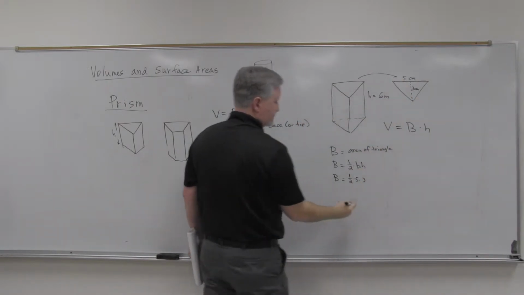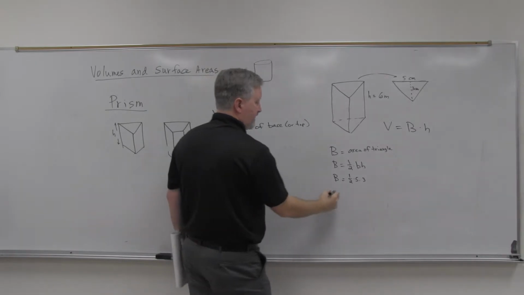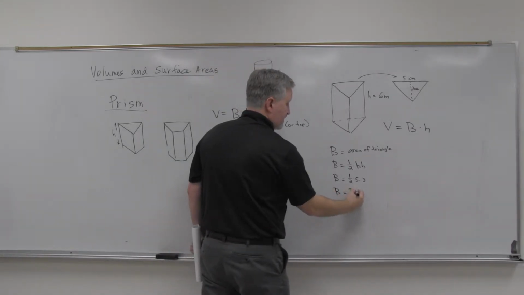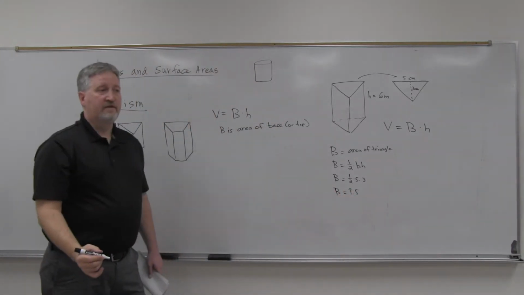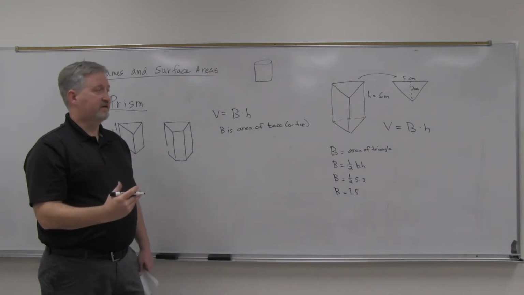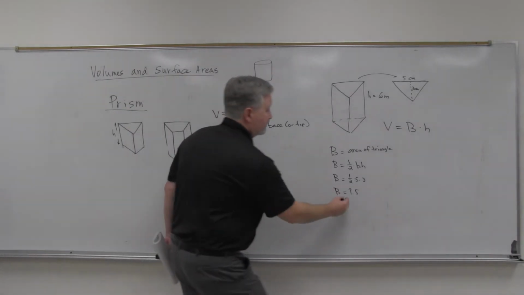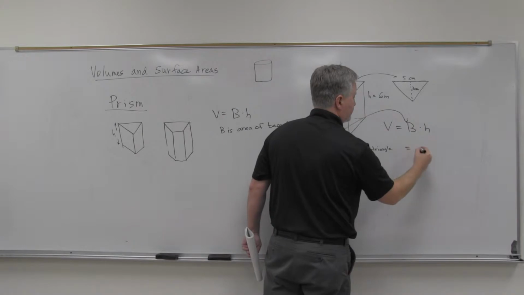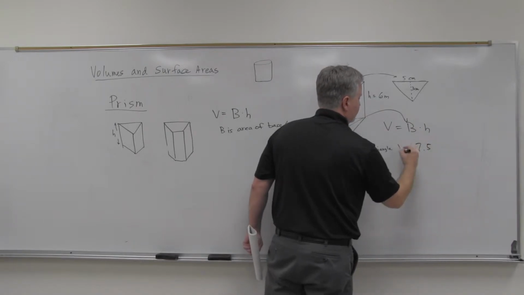So that's half of 15, 7.5? Is everybody okay on that? That would be the big B calculation in this case. That's what I would put in for big B here, for the volume.